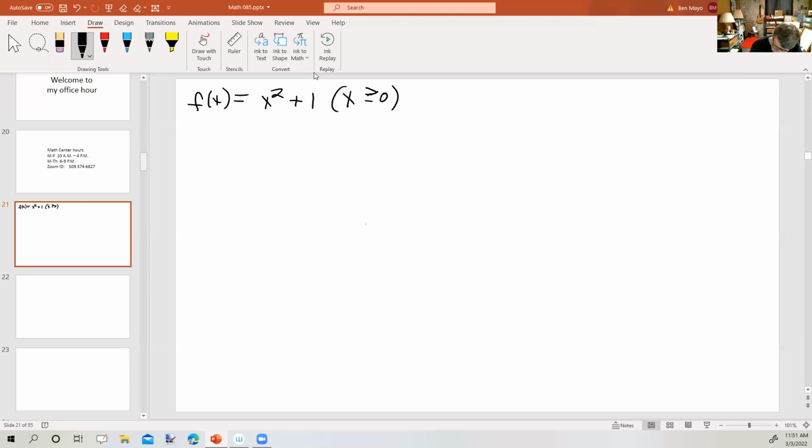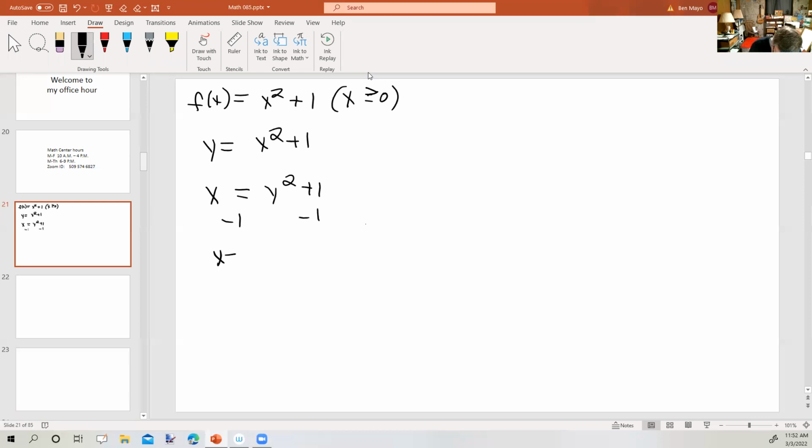So if this is a one-to-one function, finding its inverse, let's see, y equals x squared plus 1. So we are replacing f of x with y. Okay. Then we're going to interchange x and y. So at that point, now it's the inverse. Okay. Then we're going to solve for y.